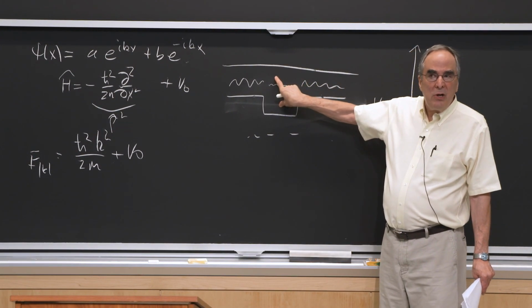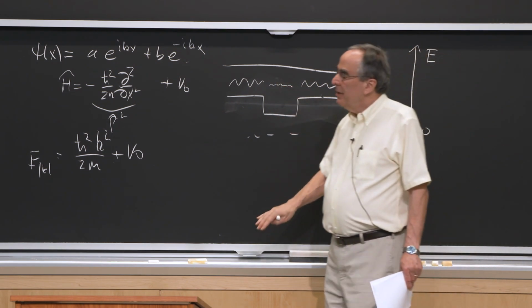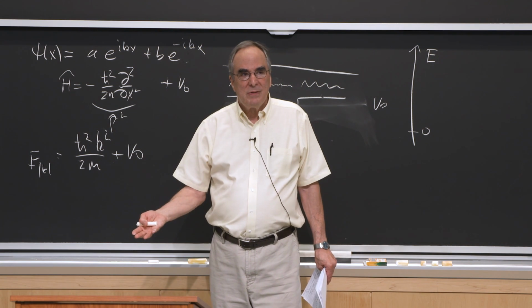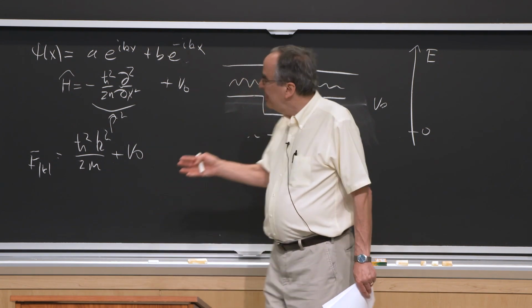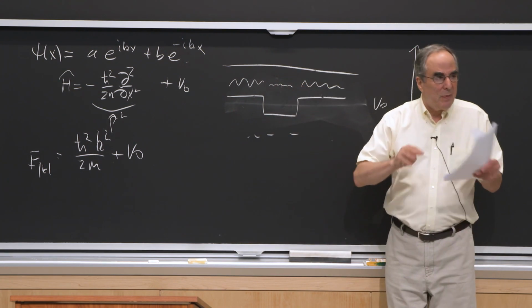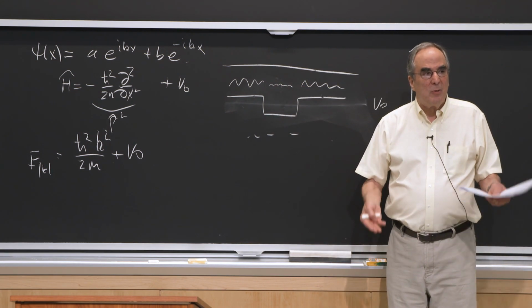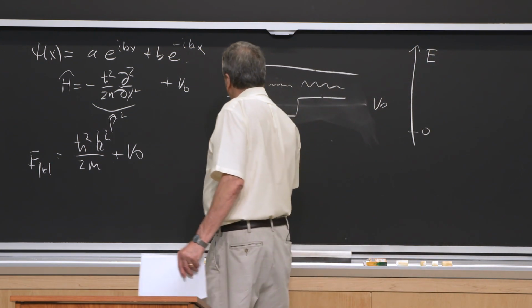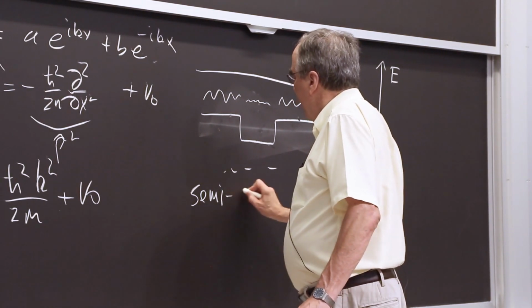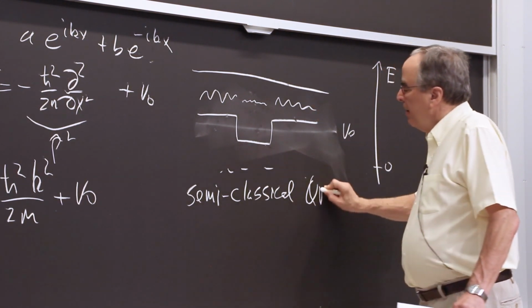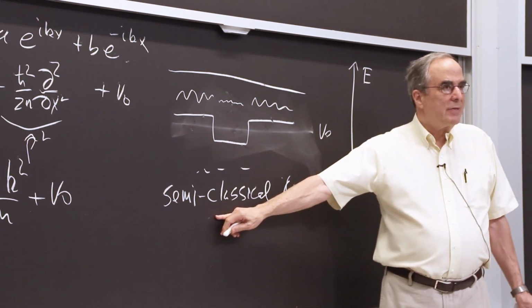This is what I want you to know. And you'll be able to use that cartoon to solve problems. If you understand what's going on here, these pictures will be equivalent to global understanding. And these pictures are also part of semi-classical quantum mechanics.